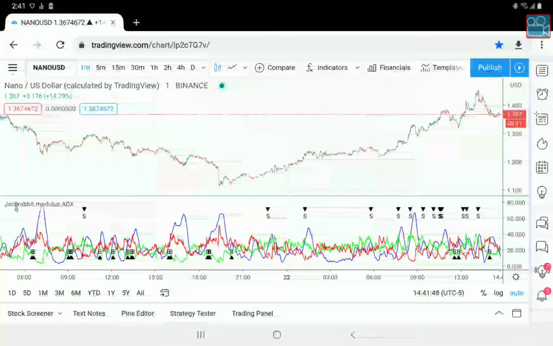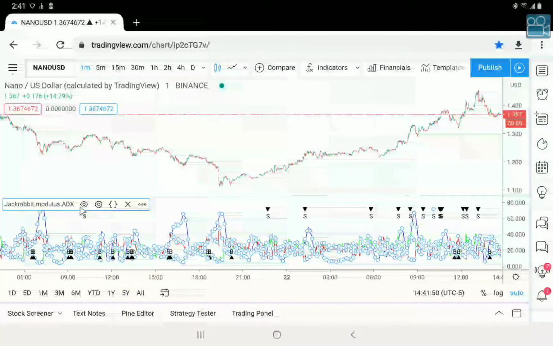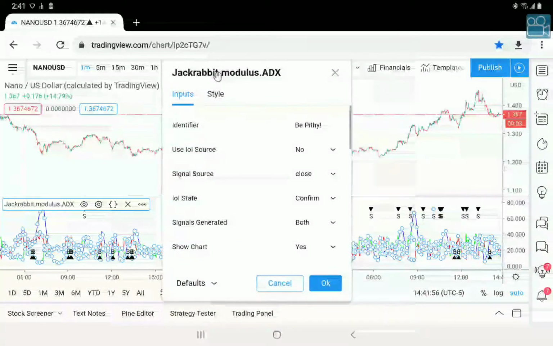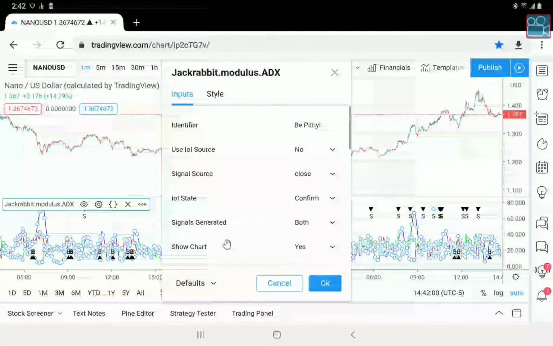So let's go straight into the settings. And you'll see all of the typical modulus framework harness information that I covered in the last video.